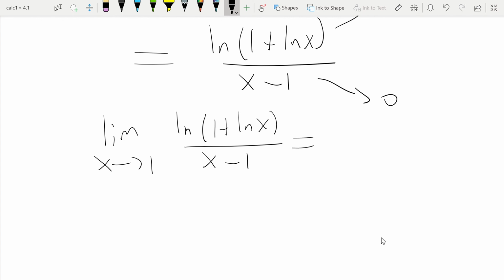We take the derivative of the top, which is 1 over 1 plus the natural log of x, times the derivative of what's inside, which is 1 over x. What about the derivative of the bottom? That's just 1. Excuse me, I forgot to write down the limit.